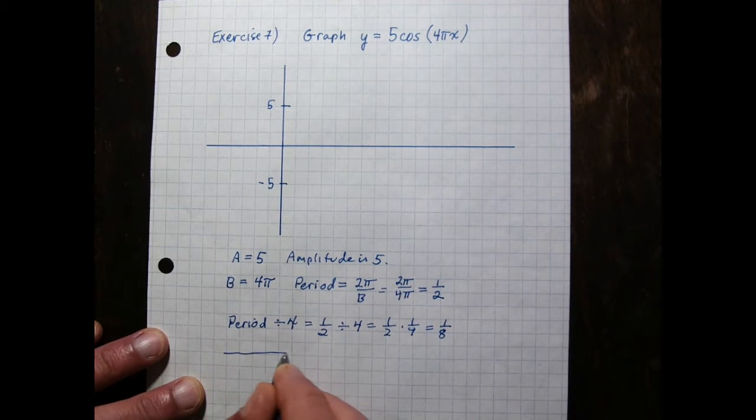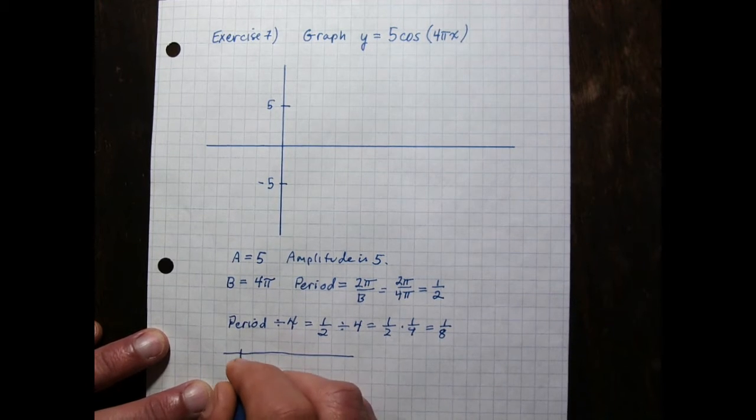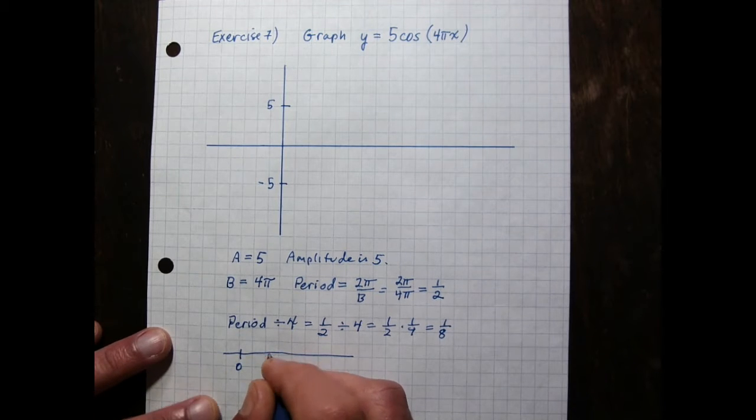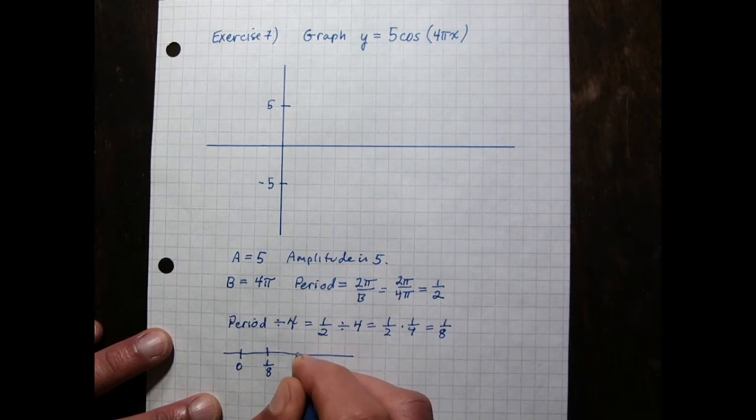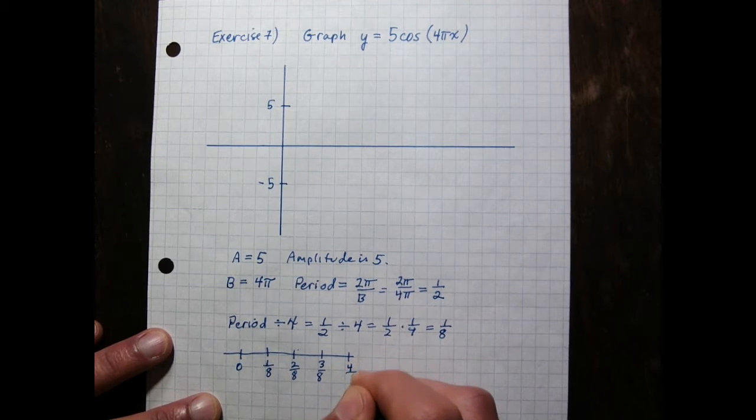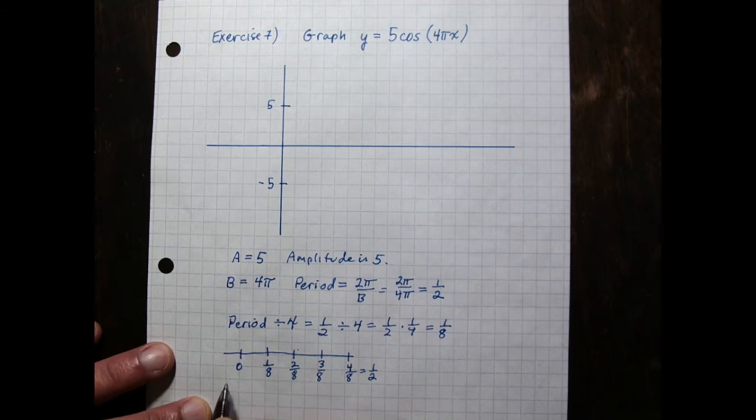So I'm going to use eighths to mark off those important values, right? 0, 1/8, 2/8, 3/8, and finally 4/8, which is a half, and that's 1 period. So those are the important points I'm going to label. Of course, 2/8 is a fourth.